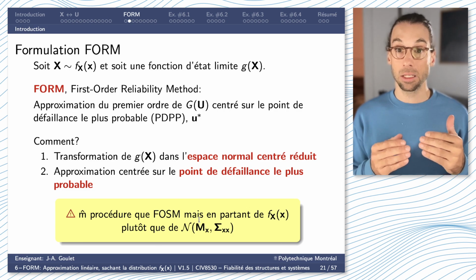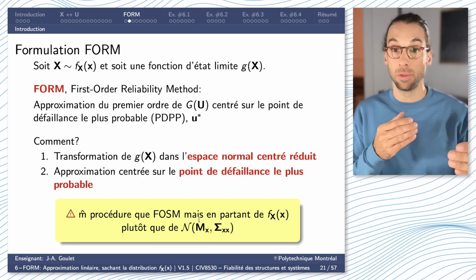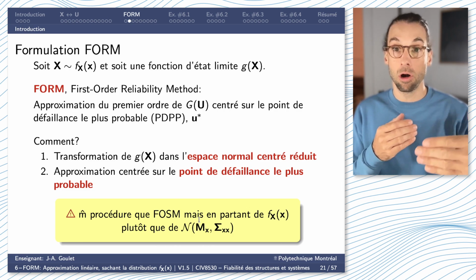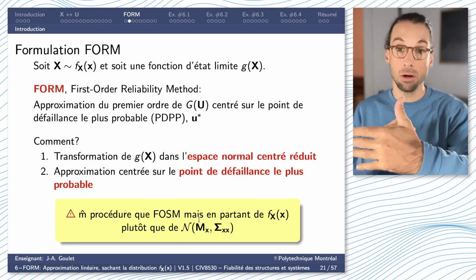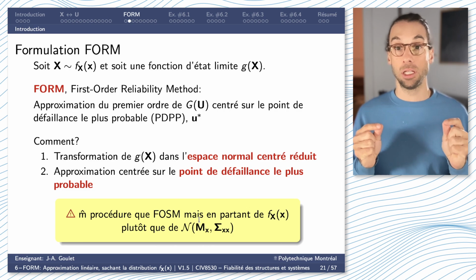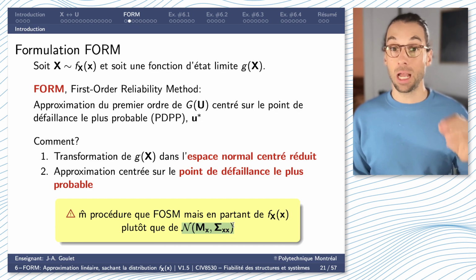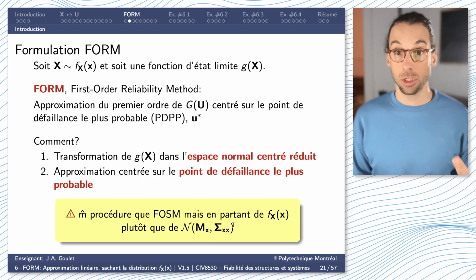So in that case, our probability content is going to be far out in the tail of the distribution. And by choosing one PDF or another, we're going to have a drastic change in the probability content in the tail of the distribution. That's why choosing a multivariate normal is not going to be a representative choice, because this one has a very low probability content in the tail, which might underestimate the probability of failure.